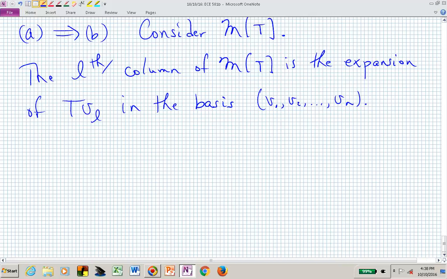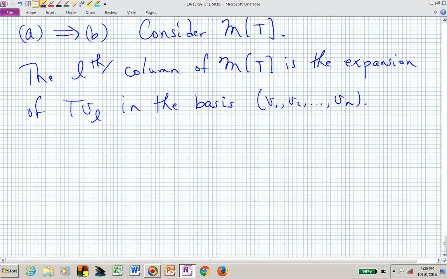That's the definition of the nth column of the matrix representation of T. We take the nth basis vector and apply the map T to that. And then that needs to give us some linear combination of v1, v2, or the basis vectors.